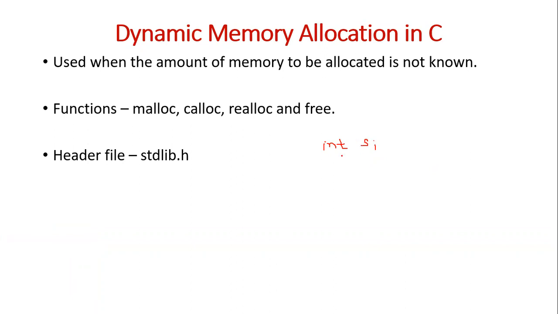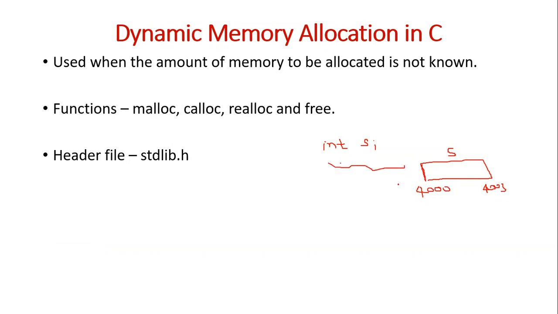The programmer is instructing the compiler to create a variable called s, and some memory should be allocated for s, and this s requires 4 bytes of memory. So maybe the starting address is 4000, and starting from address 4000 to 4003 will be allocated for this variable because int occupies 4 bytes. When you allocate memory like this, that is called static memory allocation.